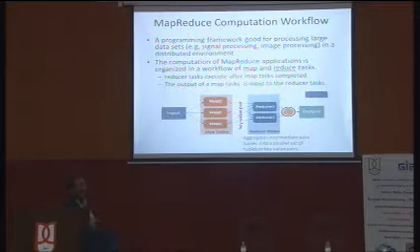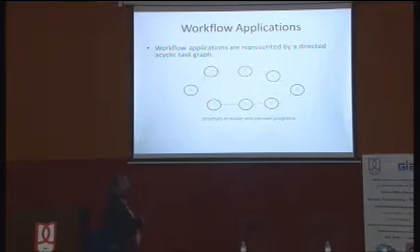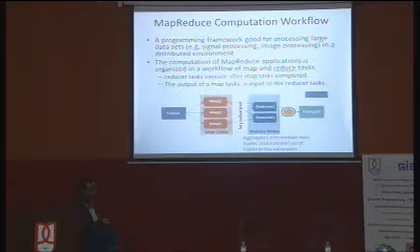The latest one is this one, but in a different way: all you have is two tasks. One is called map and reduce, which has become very famous nowadays. There are only two tasks, but the mappers can be multiple. You can have multiple mappers, and you can also have multiple reducers.